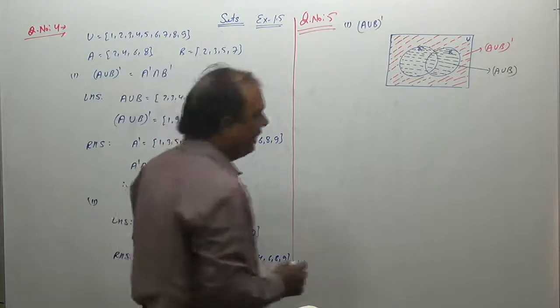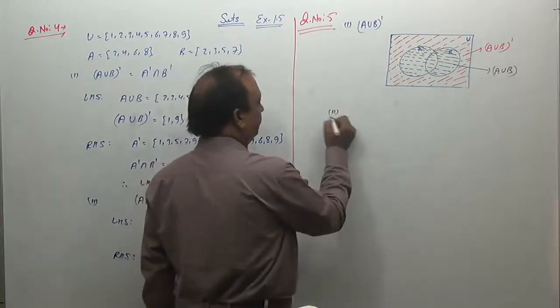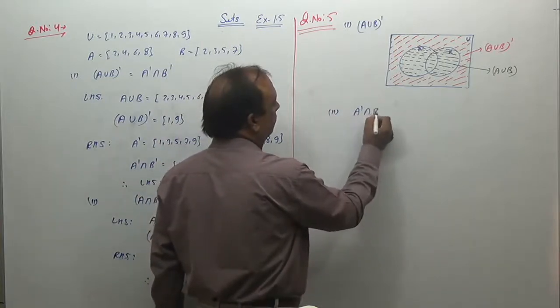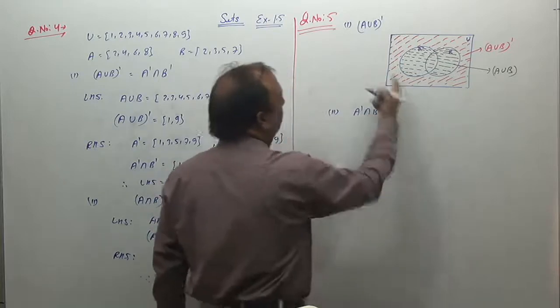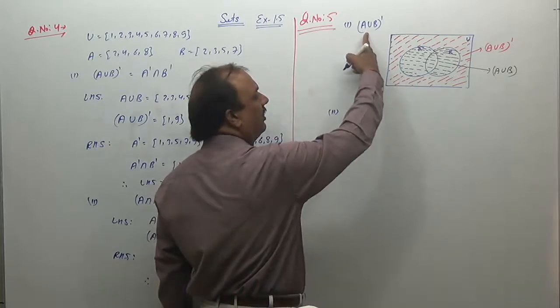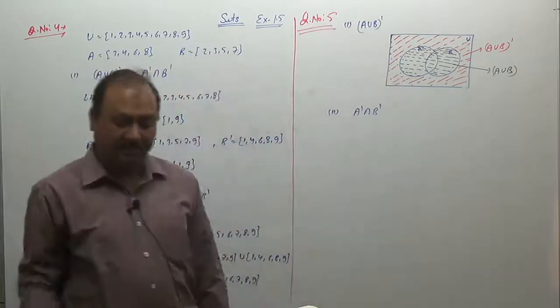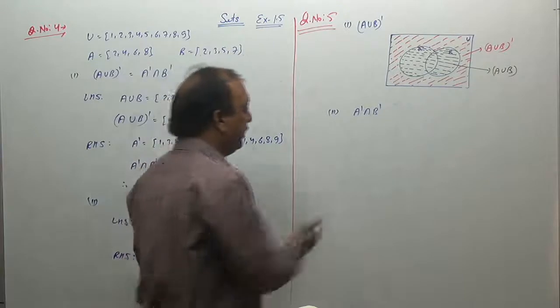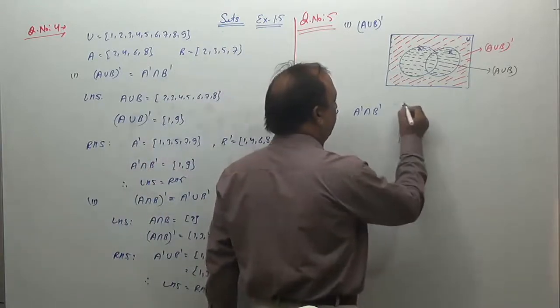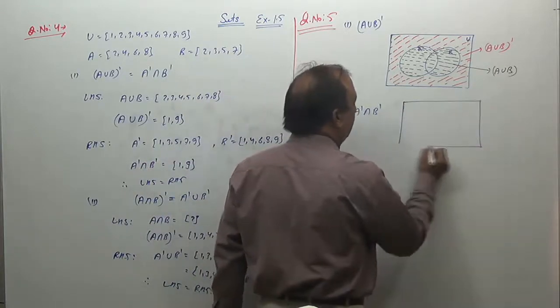Now, second part is A complement intersection B complement. The same reason, because De Morgan's law यही बताता है A union B complement is the A complement intersection B complement. So, इसका भी appropriate Venn diagram हम draw कर सकते हैं.